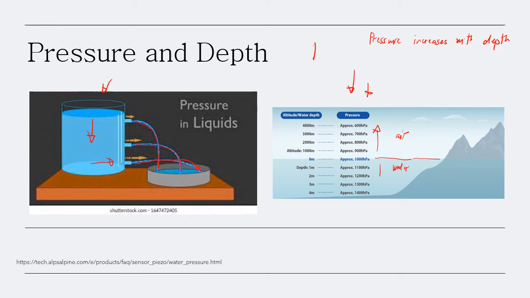And here, if we go down, the pressure increases. So again, you just have to remember that the pressure increases with depth. Okay? So meaning at the bottom part, this has the highest pressure.